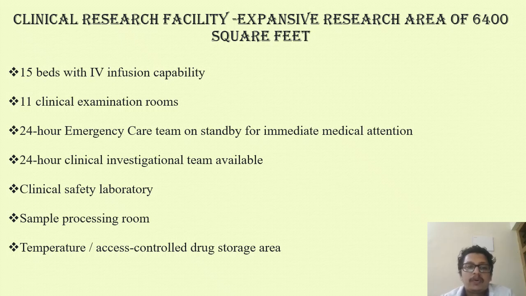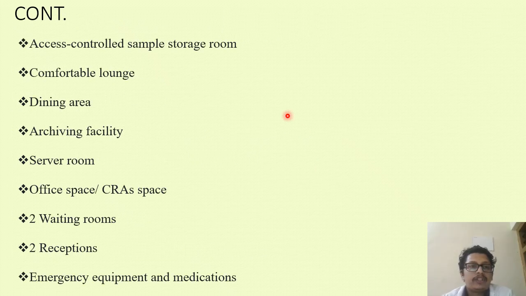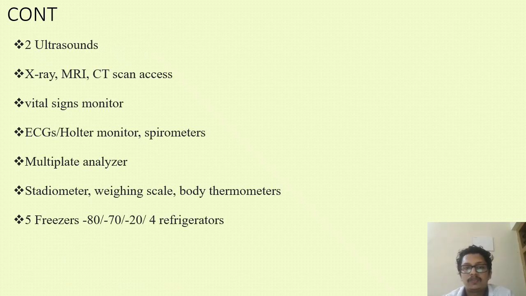A clinical safety laboratory, a sample processing room, and a temperature and access controlled drug storage area should be there. So an access controlled sample storage room should be there, and a comfortable lounge, dining area, archiving facility, server room, office space, CRA space, 2 waiting rooms, 2 receptions, and emergency equipment and medications.